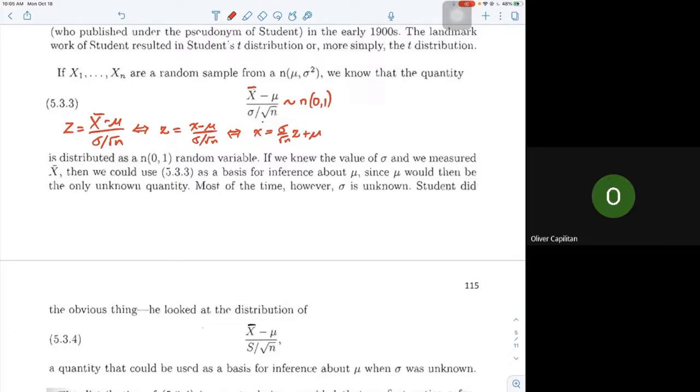Hence, if we're going to determine the distribution of Z based on the distribution of our sample mean, and then we have here the transformation, sigma over square root of n times z plus mu, and then we have here the Jacobian of our transformation.